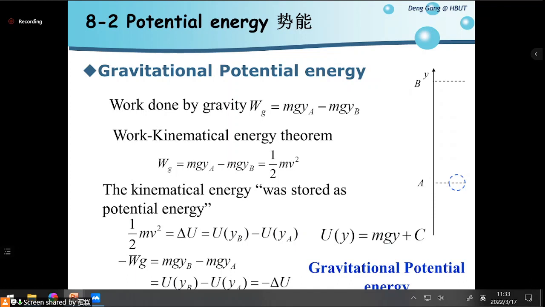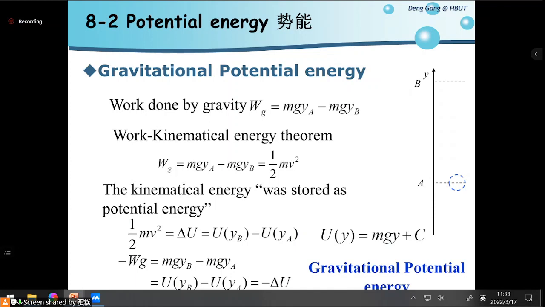This is like energy stored inside this system. Usually in this case it is called gravitational potential energy.